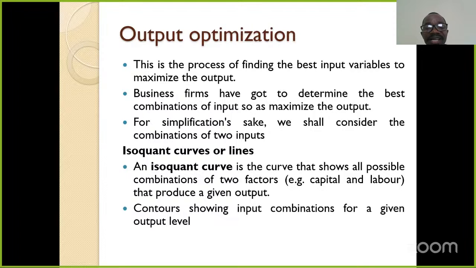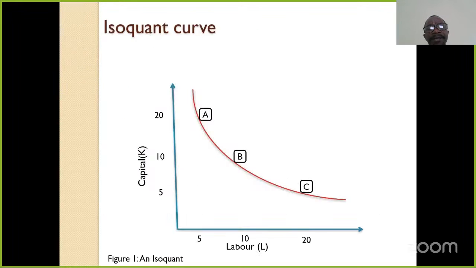It's kind of like a contour. The level of output produced is the same, but the combination you can alter: you can choose to increase one input and reduce the other, or you can choose to have the same proportions of the inputs. That's the example of the isoquant curve, where it represents the possible combinations of input.